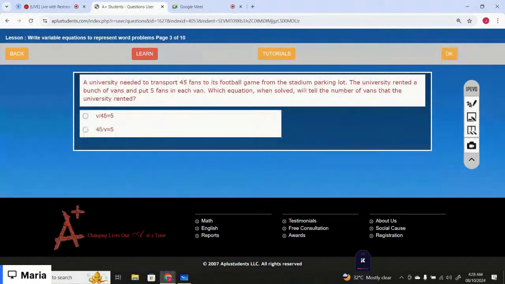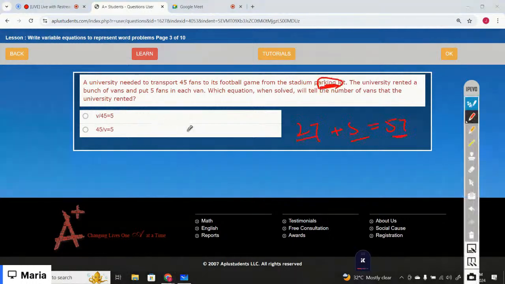A university needed to transport 45 fans to its football game from the stadium parking lot. The university rented a bunch of vans and put 5 fans in each van. Which equation, when solved, will tell the number of vans that the university rented? So the university needed to transport 45 fans, and put 5 fans in each van.